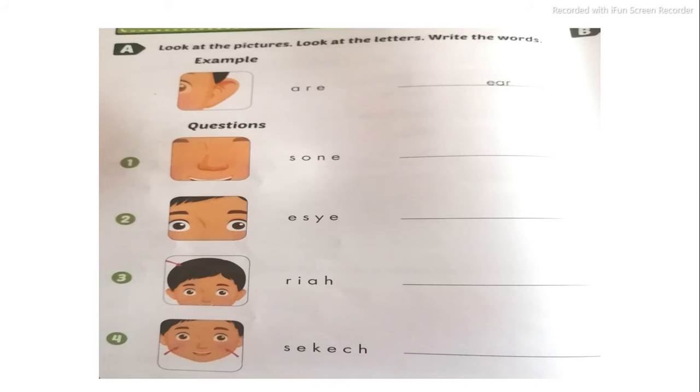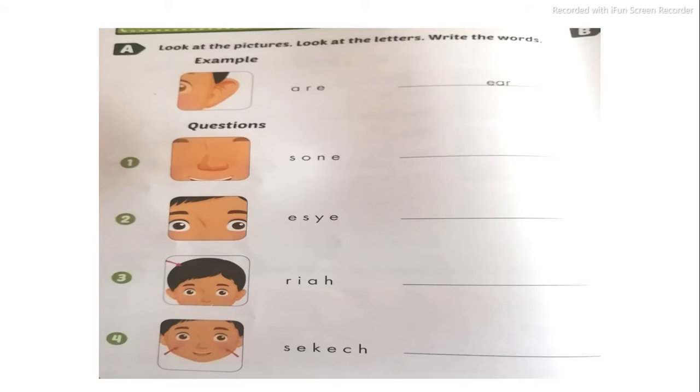Questions. Number 1, it's a picture of a nose, and we've been given S-O-N-E. The correct way to spell nose is N-O-S-E. Number 2, it's a picture of eyes, and the letters that we're given are E-S-Y-E.